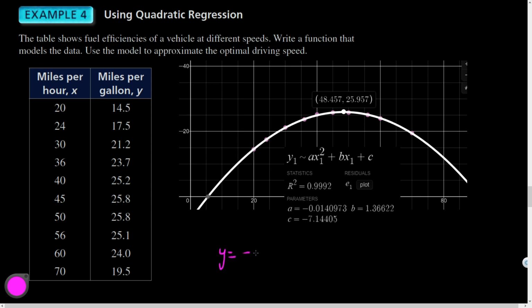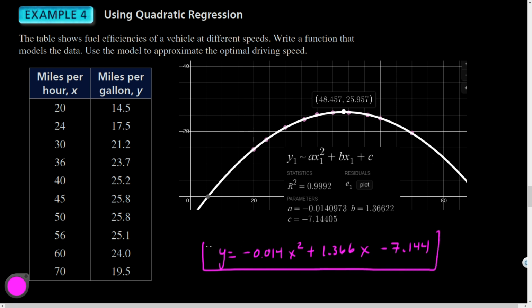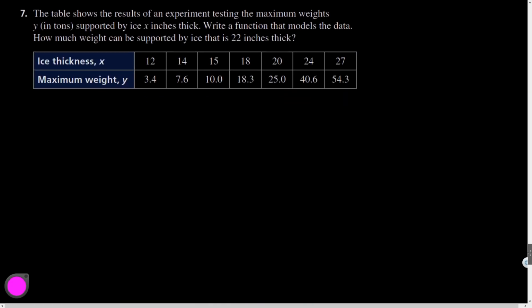So y equals negative 0.014x squared plus 1.366x minus 7.144 is the equation of that, and the optimal driving speed is 48.457 miles per hour, giving you a miles per gallon of 25.957. There. And tell you what, I've already got this other one queued up. We'll do it on this one too.